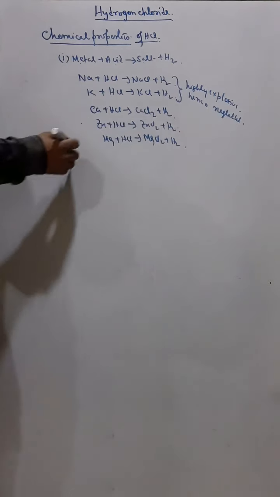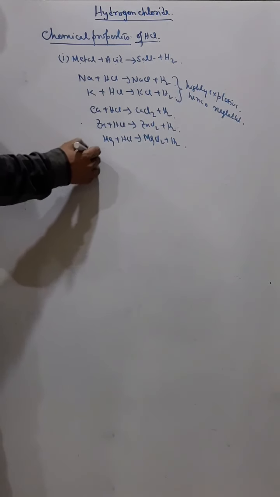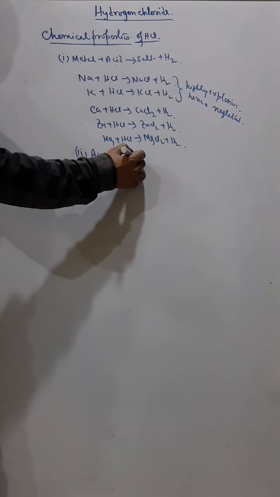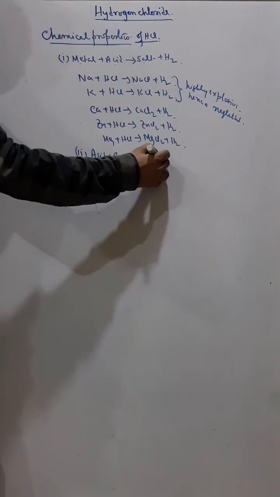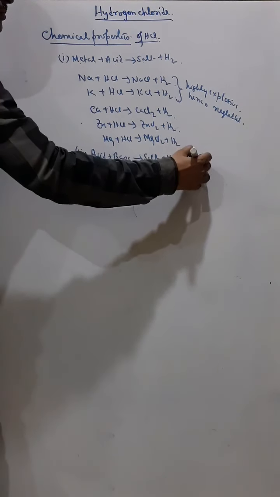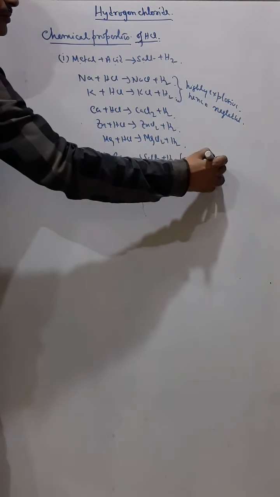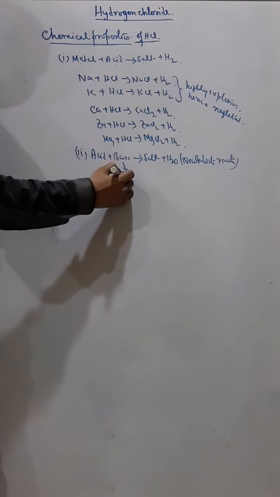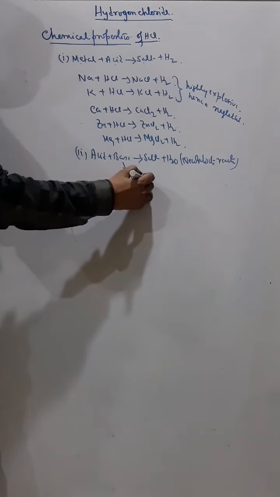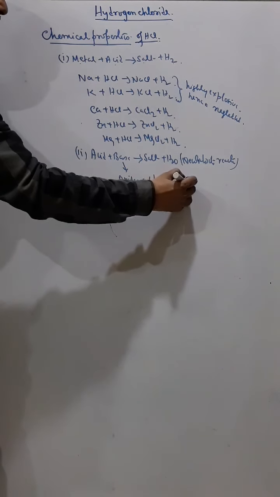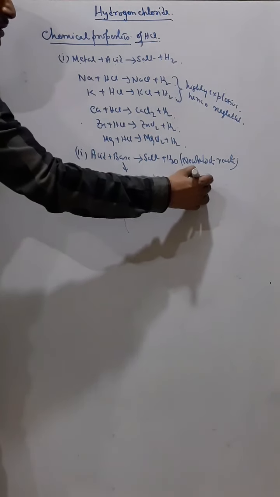Okay. The next property you know, acid plus base gives salt and water. So this is a neutralization reaction. Bases are oxides and hydroxides of metals.